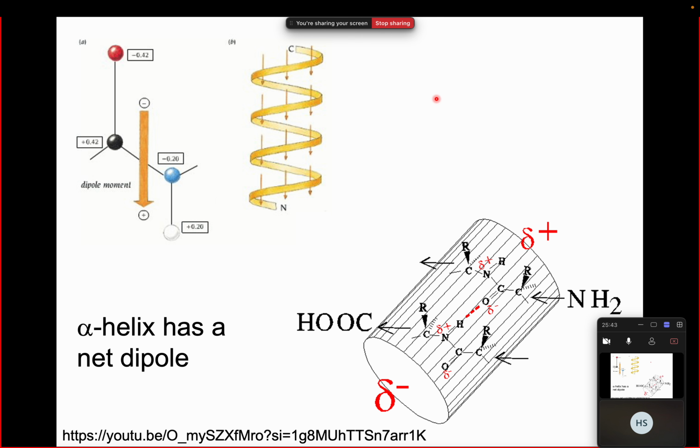Why? Because the C terminal and the N terminal are opposite and one on top of the other, giving a cumulative dipole moment, correct? And it is towards the C to N side.